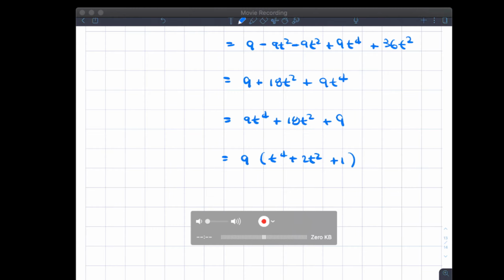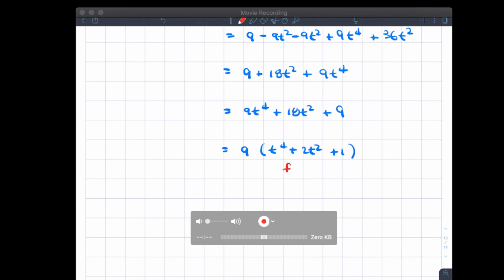plus 1. So I want to remark here, notice this. You can actually factor this because this is a perfect square trinomial. Remember, they give you questions that you can actually do, ladies and gentlemen. These aren't numerical approximation questions. They give you questions that you can work the integral for.